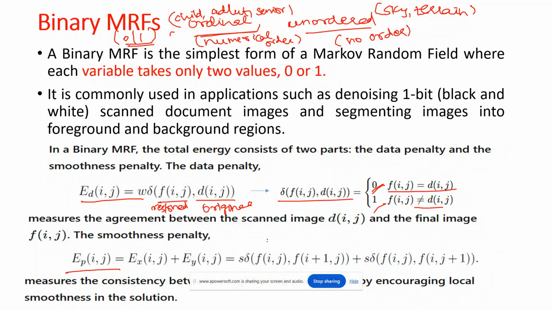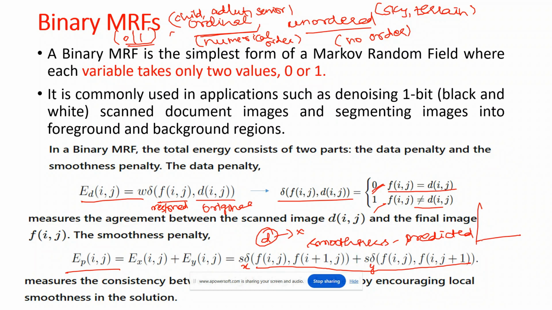In the case of smoothness, I won't focus on the original data. You see the formula here, no d term is involved, only the f term is involved, because I'm focusing on the smoothness of the predicted one only. I'm not bothering about the smoothness of the original one. So I'm going to take Sx as well as Sy, so both horizontal and vertical smoothness have to be considered.